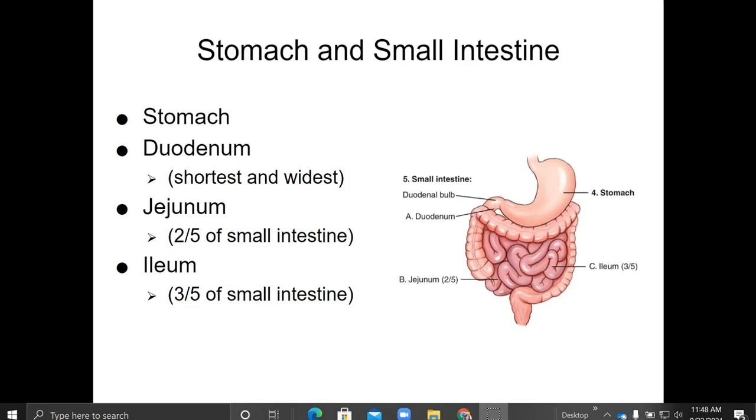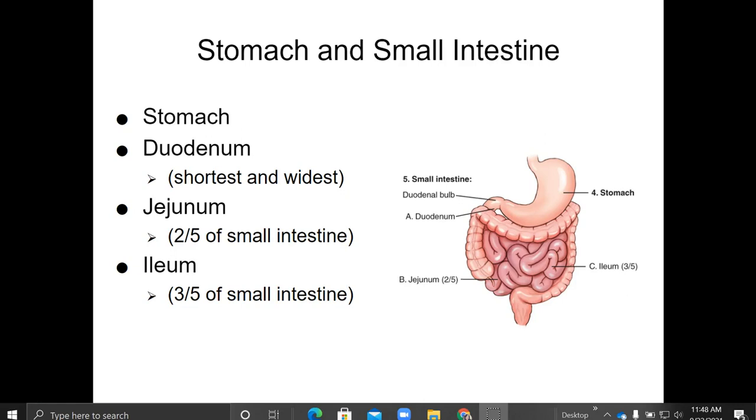The term gastrointestinal tract or GI tract describes the entire digestive system, starting with the stomach and continuing through the small and large intestines. The small intestine continues from the stomach as a long tube-like structure about 15 to 18 feet in length. The small intestine is further divided into 3 parts, which we'll discuss now.